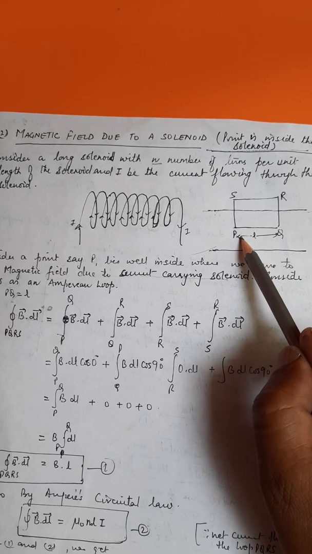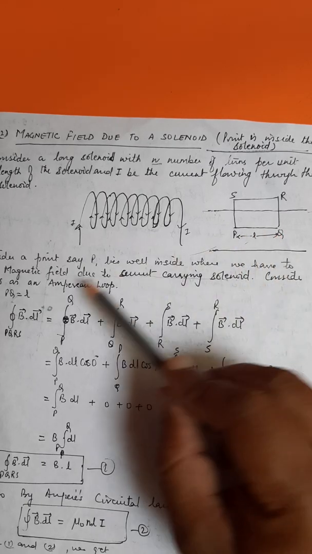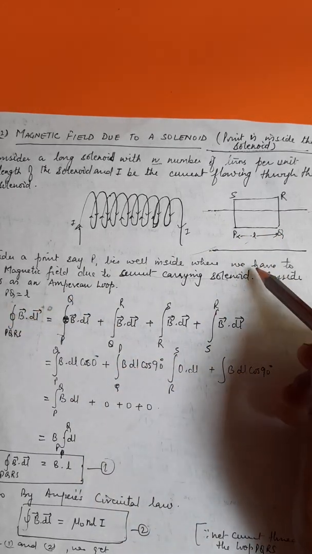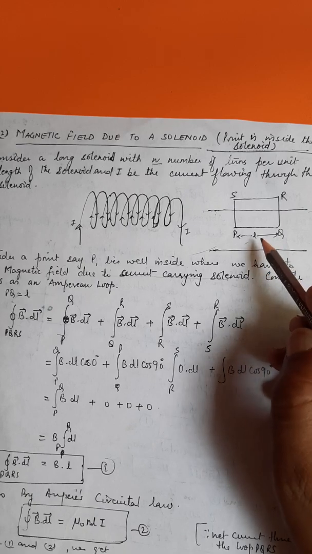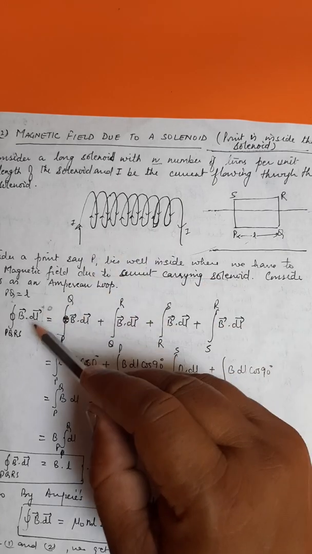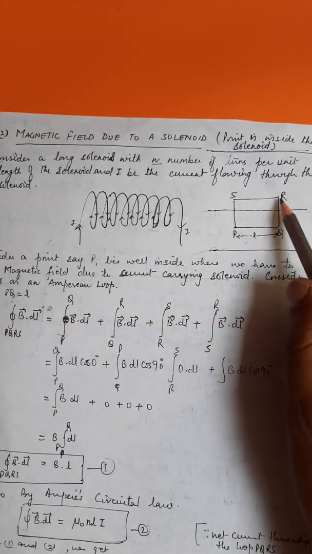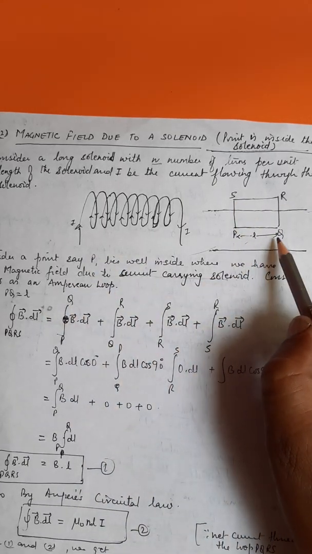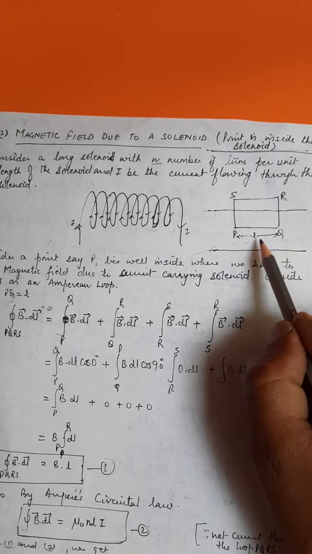Consider PQ equal to L. Now we consider PQRS as an Amperian loop, and the length of PQ, say, is L.